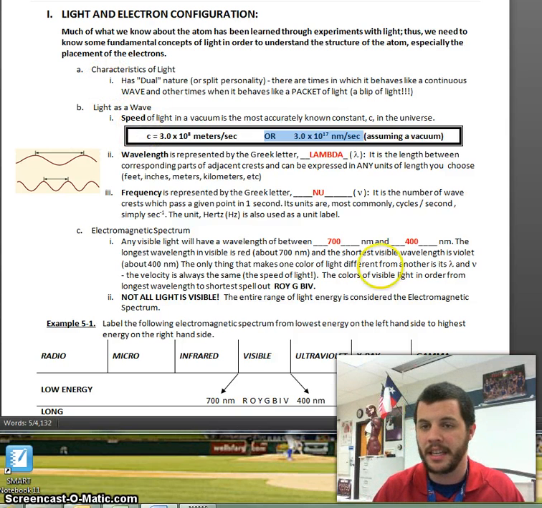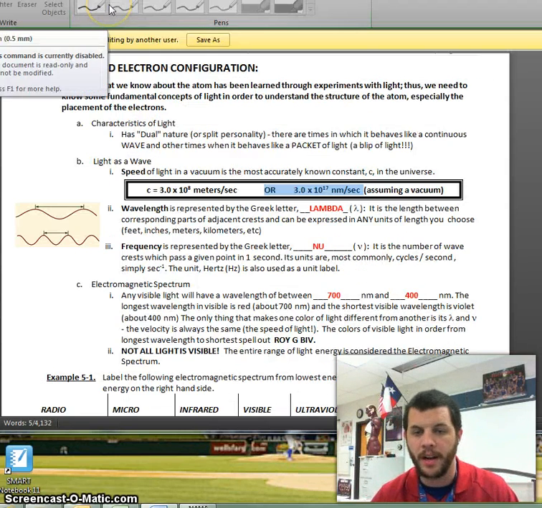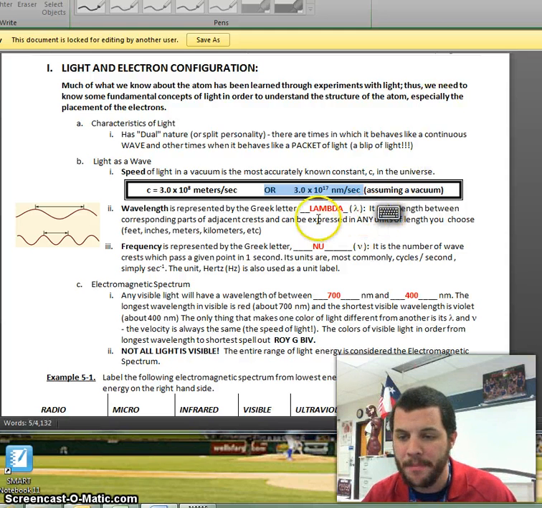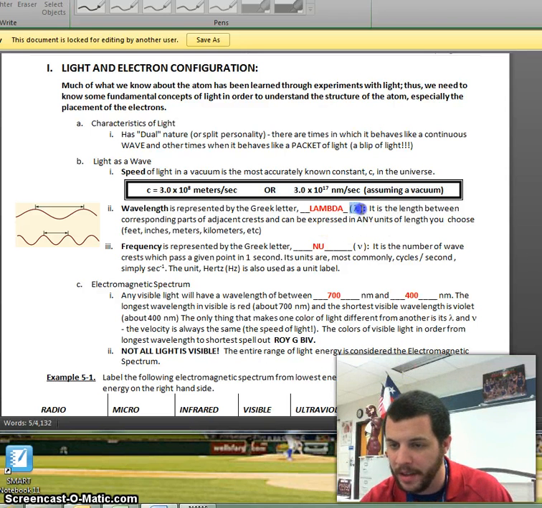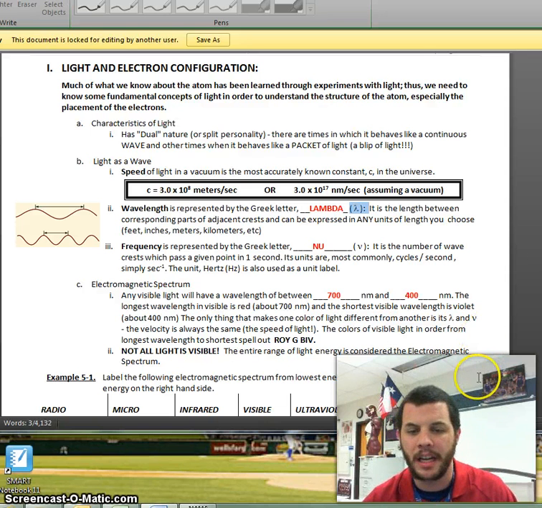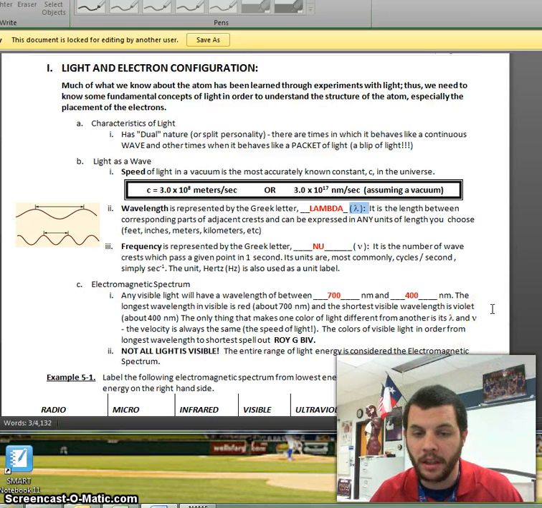That is c. Now let's take a look at what wavelength is. Wavelength is characterized by the Greek letter lambda, which looks like a little upside down Y. It refers to the length of a wave.